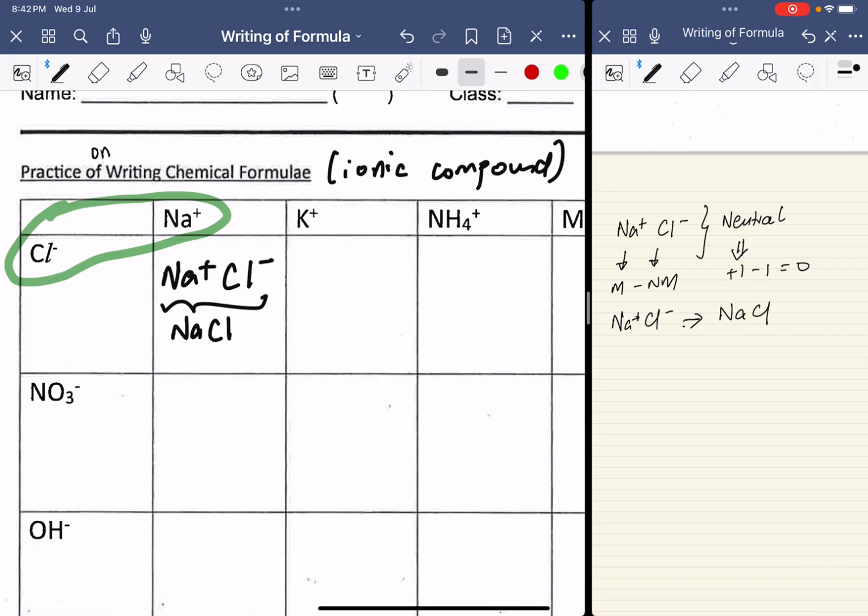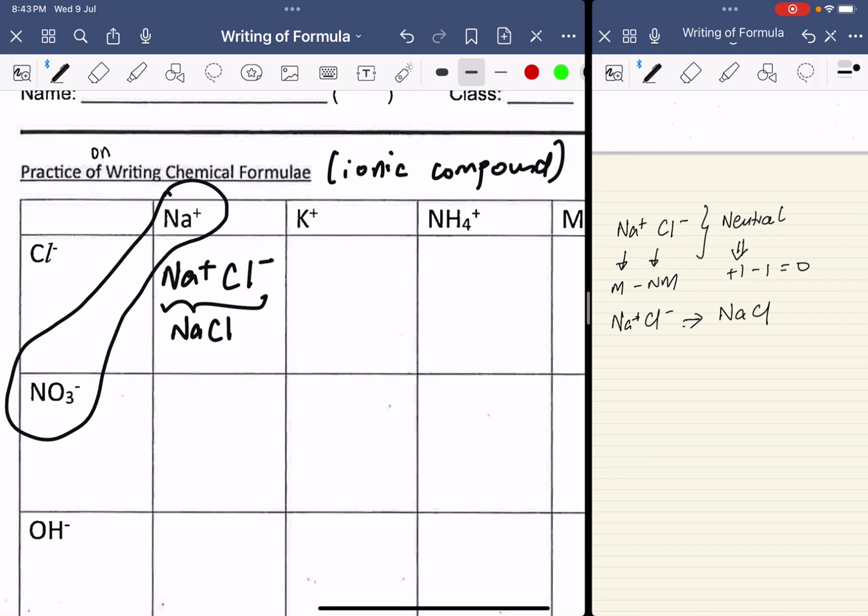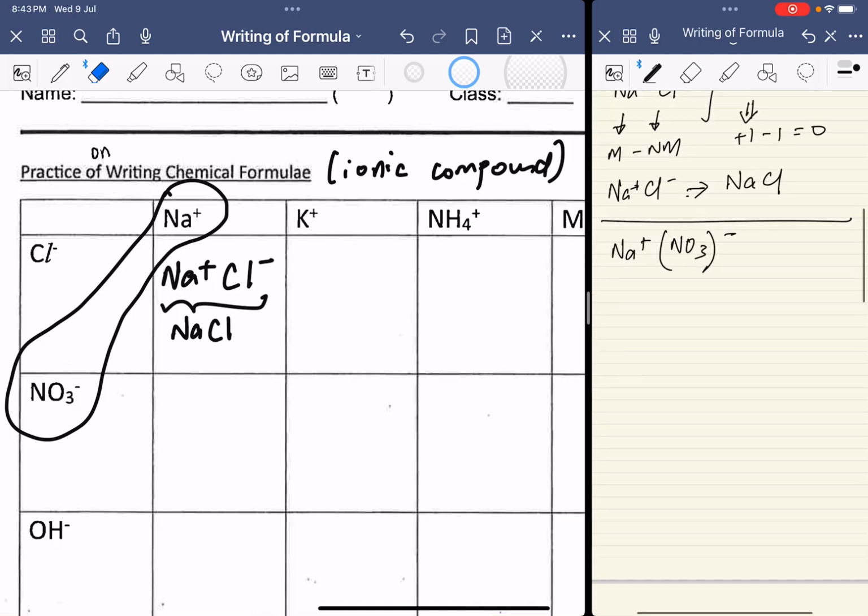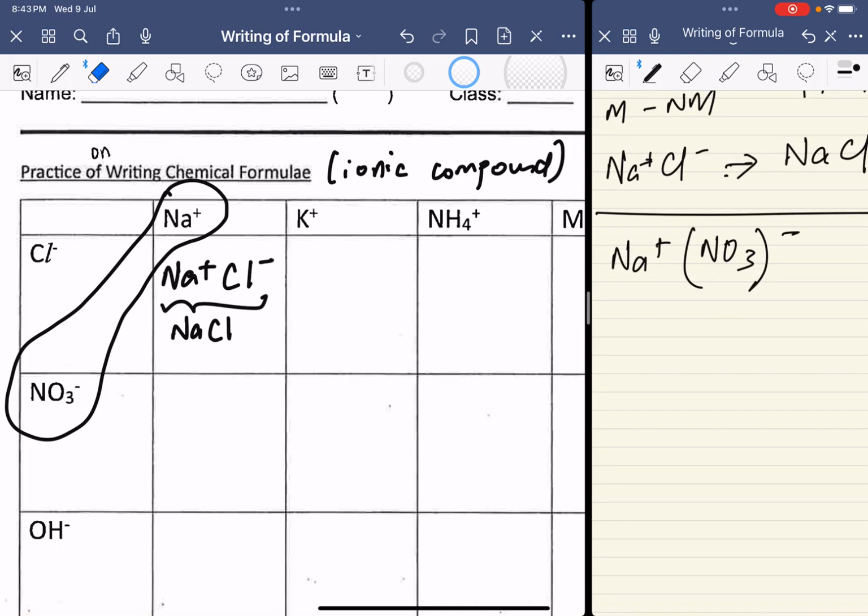Now, complication will come in when you see something like this. Your sodium will have a polyatomic of Na+ and NO3. When you involve the polyatomic, be mindful that the overall charge of your negative ion is actually the effect of the nitrogen and oxygen atoms.